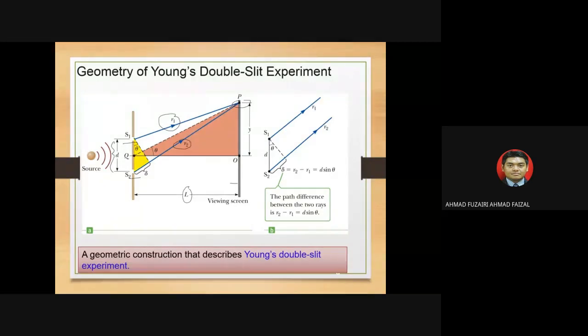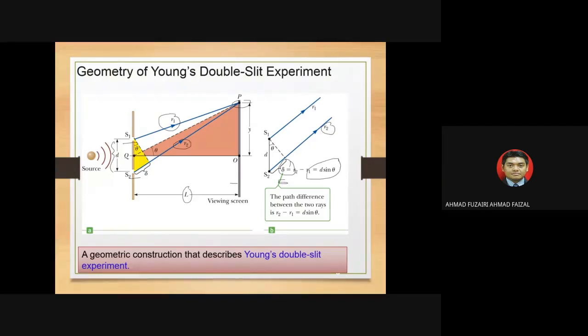What we can see here is that a wave from the lower slit travels farther than a wave from the upper slit, which is slit 1, by an amount of d sine theta, meaning that the distance R2 minus R1 is called the path difference, known as delta.